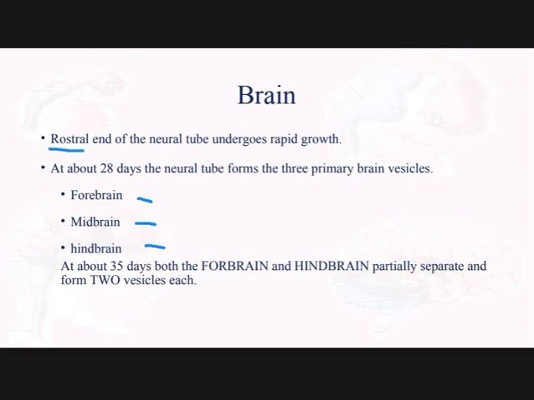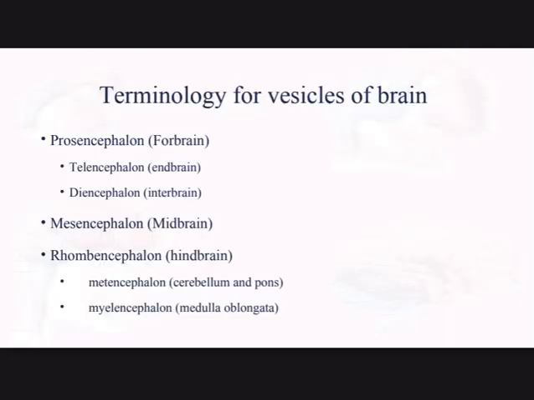By 35 days the frontal or front brain and the hinder brain separate and become 2 vesicles each. Let's look at them now.